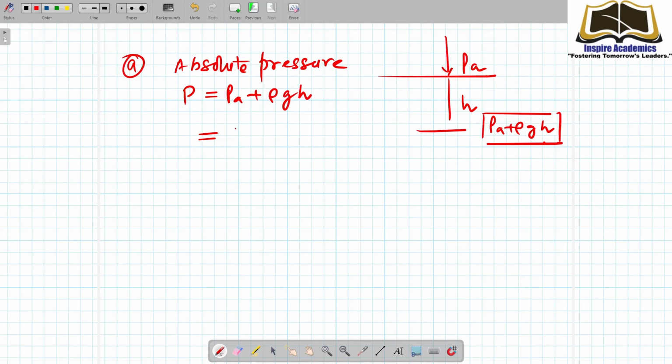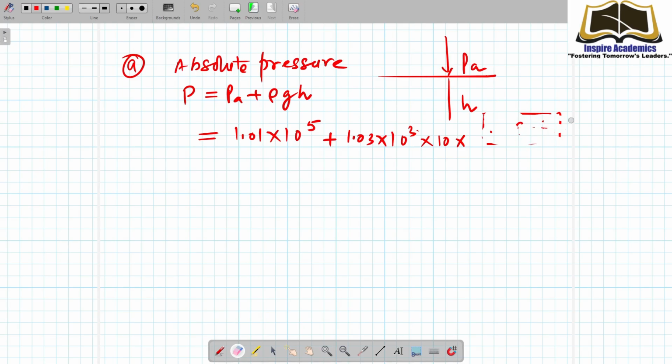PA is nothing but 1.01 into 10 to the power 5 plus rho. Rho is 1.03 into 10 to the power 3 into g. g is to be taken as 10, and how much is the height below the surface? 1000 meter. So take 1000 meter.